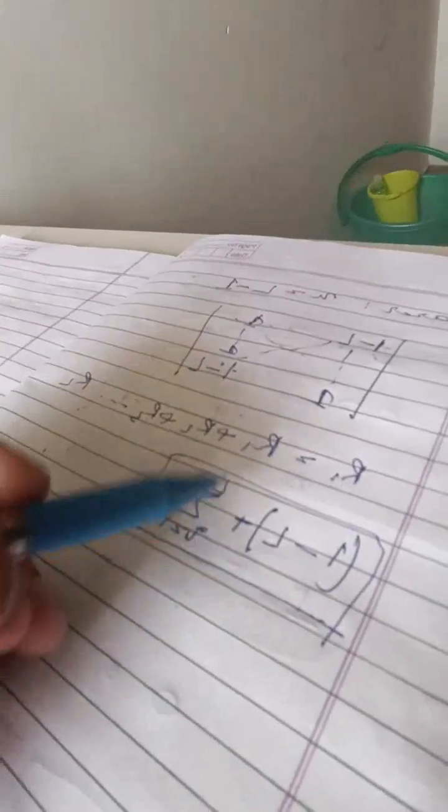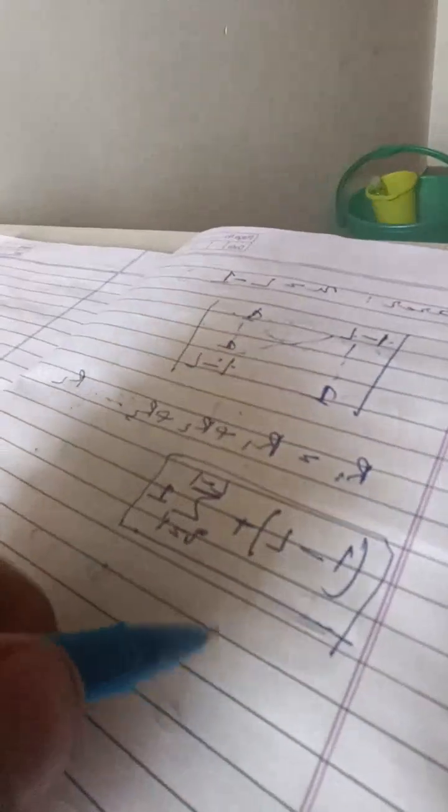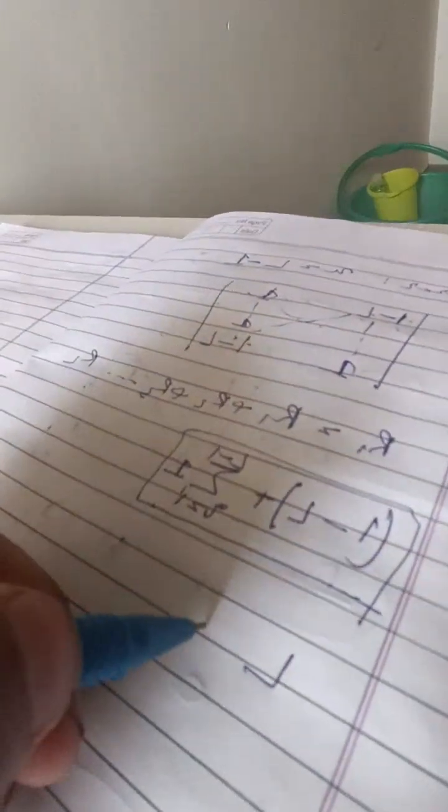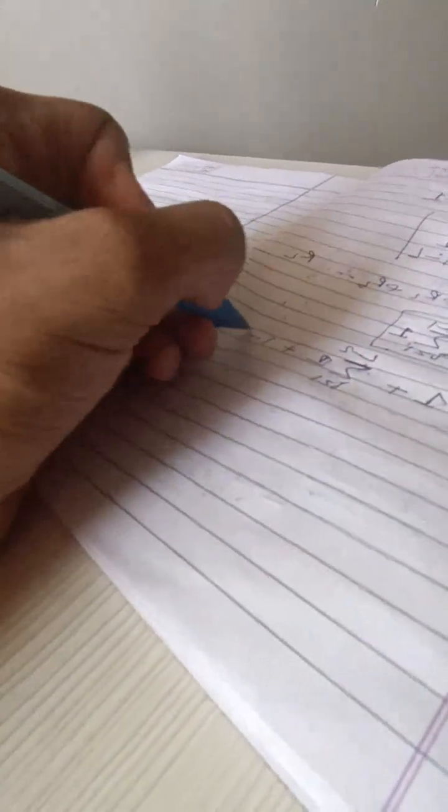So this is your first row, first column entry. Then the next is 1 plus 1 minus L, and so on. So this is 0, this is also 0.